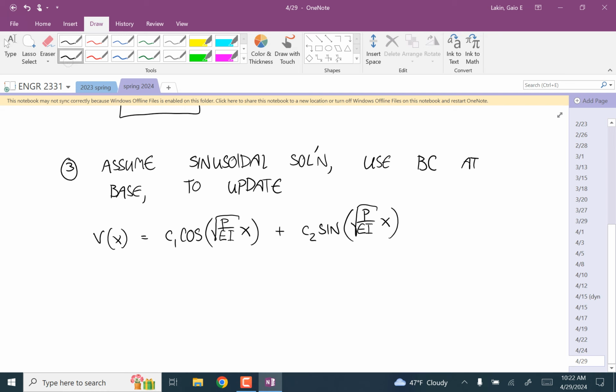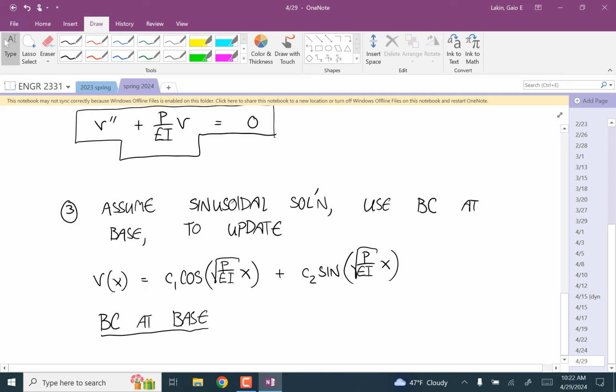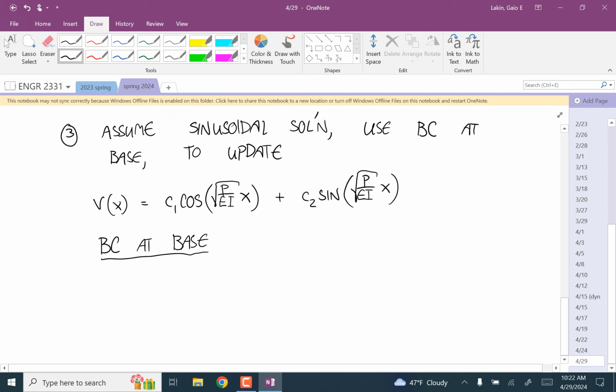Okay, so now the one boundary condition we're going to use is what's happening at the base. And since this is pinned, the only boundary condition we have is that the deflection at x equals 0 is 0.